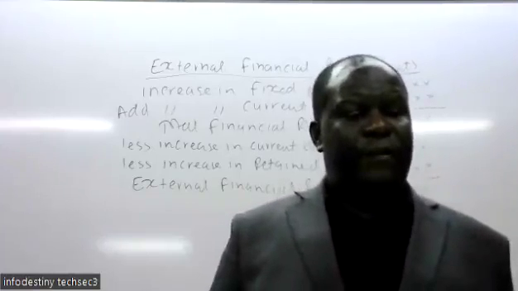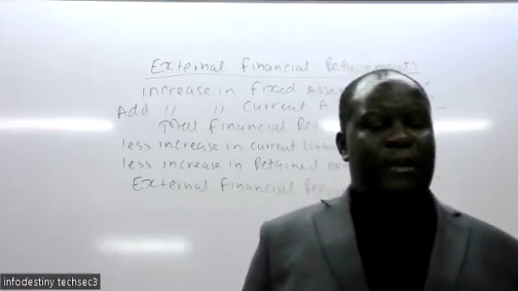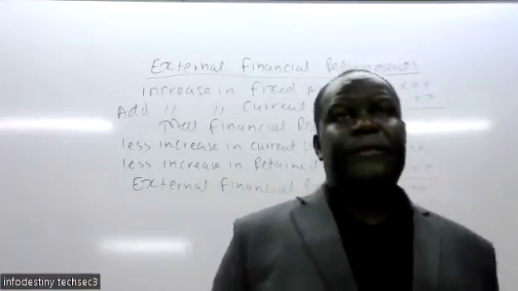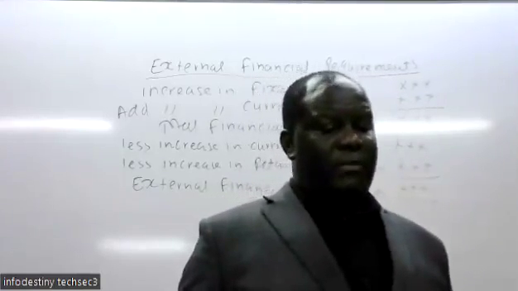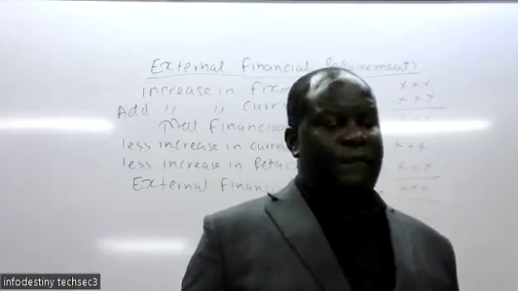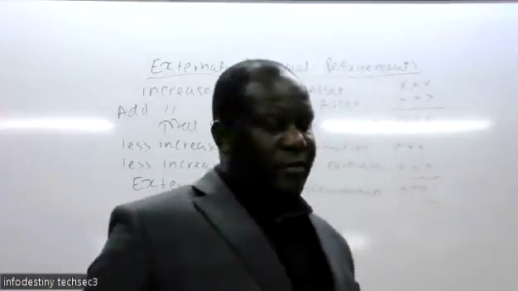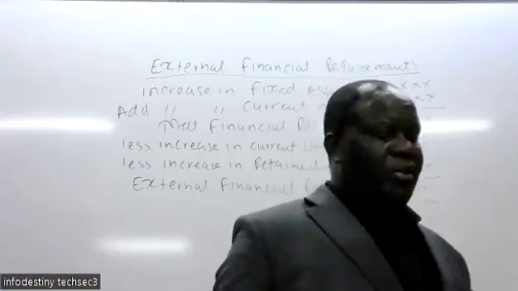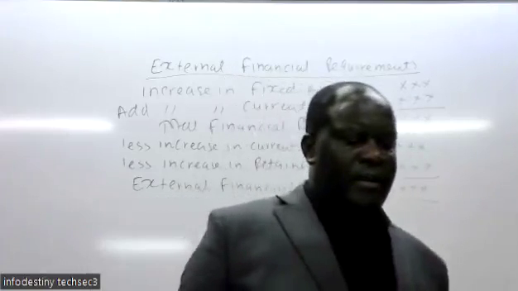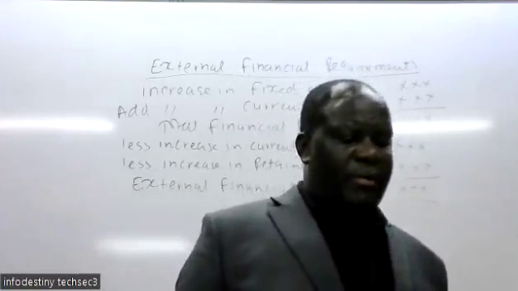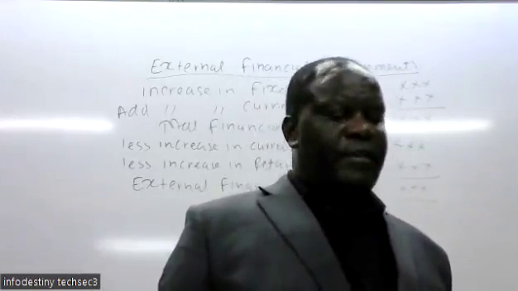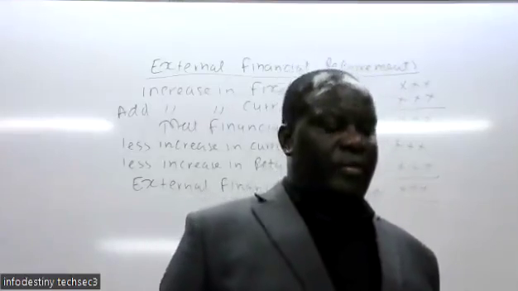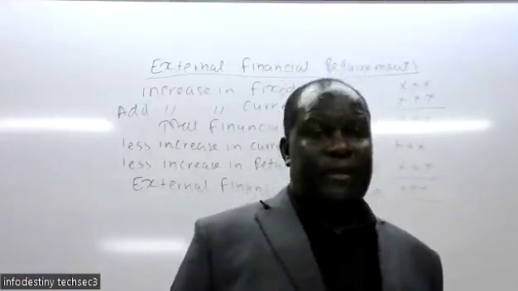The statement of the financial position of the company as at 31st December 2015 was as follows. They gave you plant and machinery, furniture and fittings, motor vehicles, inventory, account receivable, cash and bank, financed by ordinary share capital, retained profits, 14% venture capital, account payables, also accrued expenses.